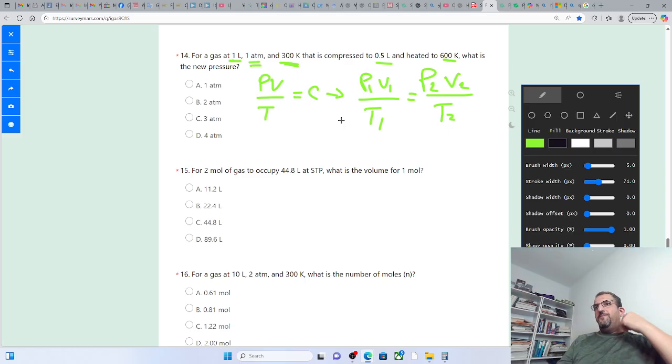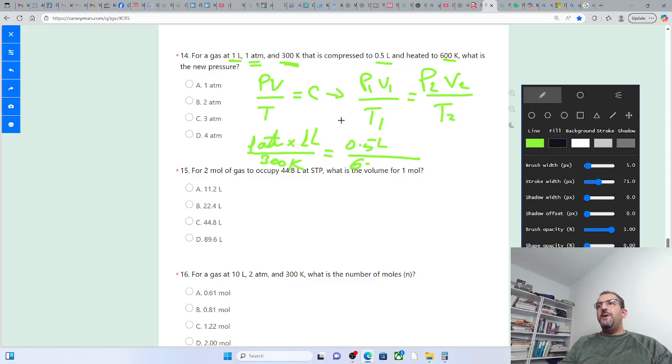So I have initial pressure, which is 1 atmosphere. I have initial volume, which is 1 liter. I have initial temperature, which is 300 Kelvin. That's equal to final volume, which is 0.5 liter.